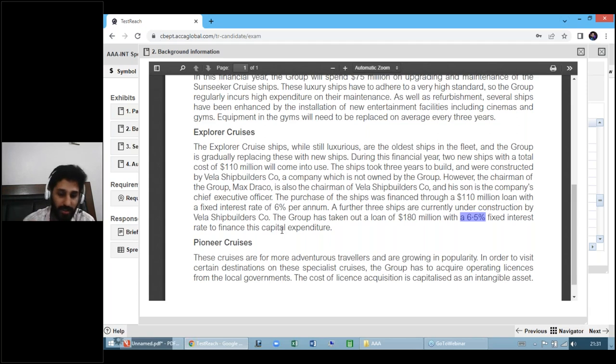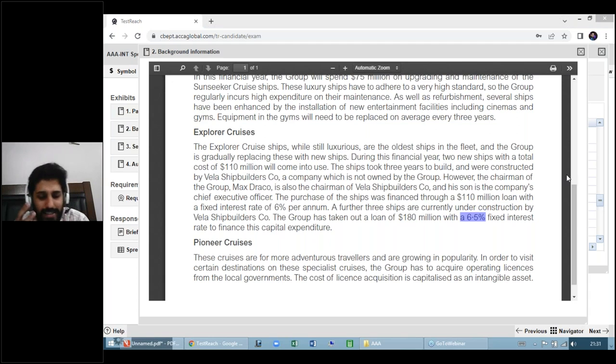You know how the borrowing cost is applied? Can anyone tell me in the question box? Please be interactive with me. Can you tell me what is the risk in the borrowing cost here? I'm just waiting for your answers. What is the potential risk in the borrowing cost? I mean, what should be the correct accounting treatment? First, tell me the correct accounting treatment.